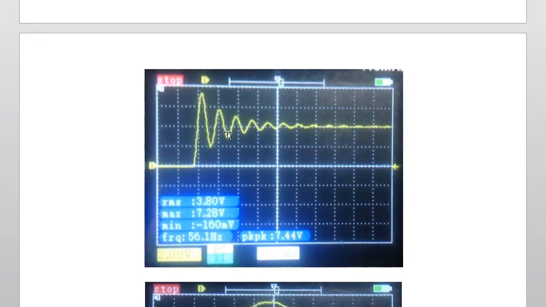Then it begins to oscillate, and the oscillation is damping, and finally the voltage is equal to the source voltage, but in the first moment it is double the source voltage.